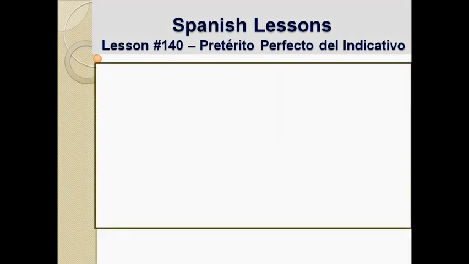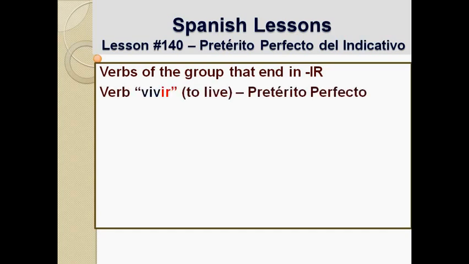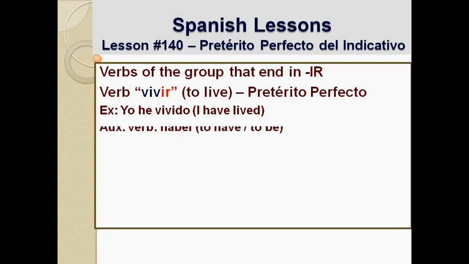Now let's end with the third and last group of Spanish verbs. These are the verbs that end in IR, right? And this is the smallest of the three groups and the one that has more irregular verbs. So let's choose the regular verb vivir, right, to conjugate. Vivir means to live. Example, yo he vivido. I have lived.